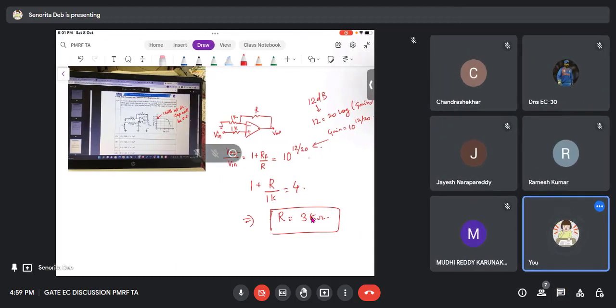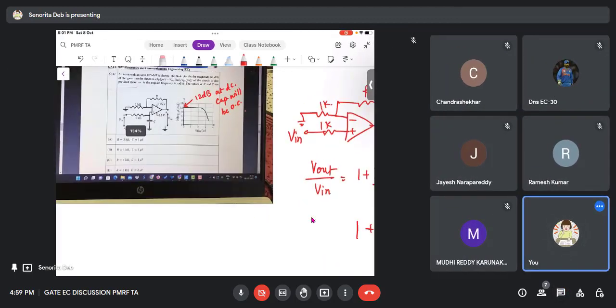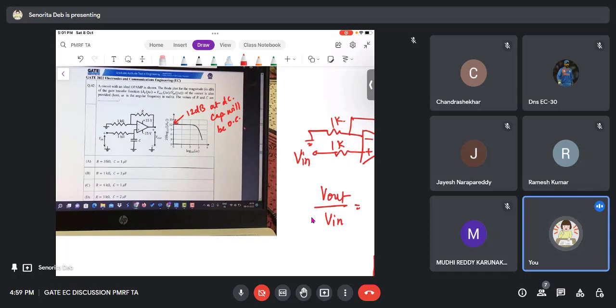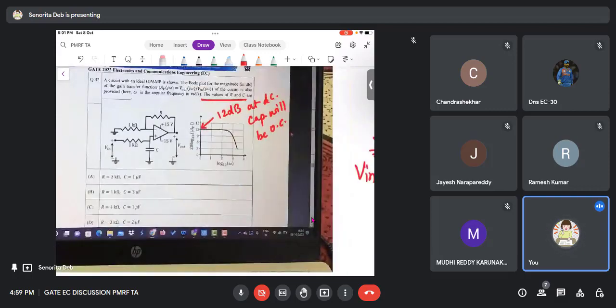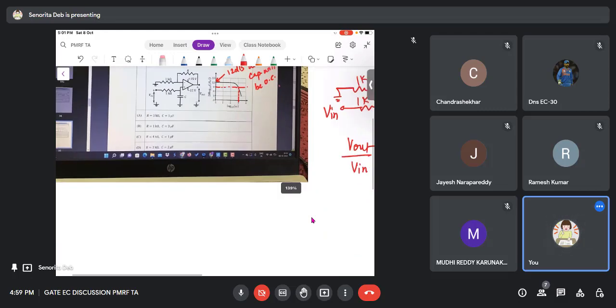Now I need the value of C also, because R and C have both been asked. From where will I find C? You see the information of 0 dB is given, and the information of 3 dB is also given. At 3 dB down, that is at 9 dB, log 10 omega is given as 3.